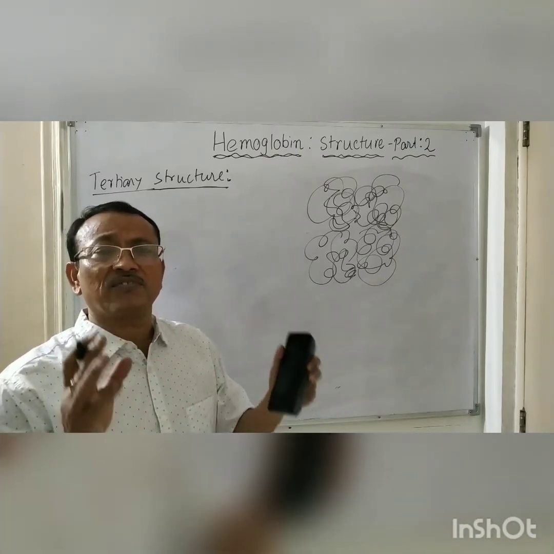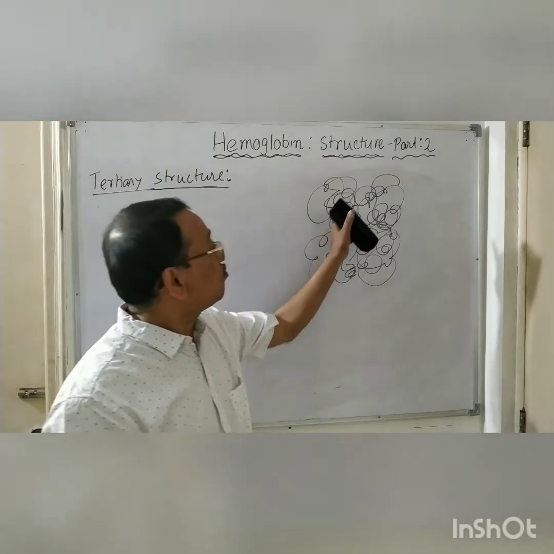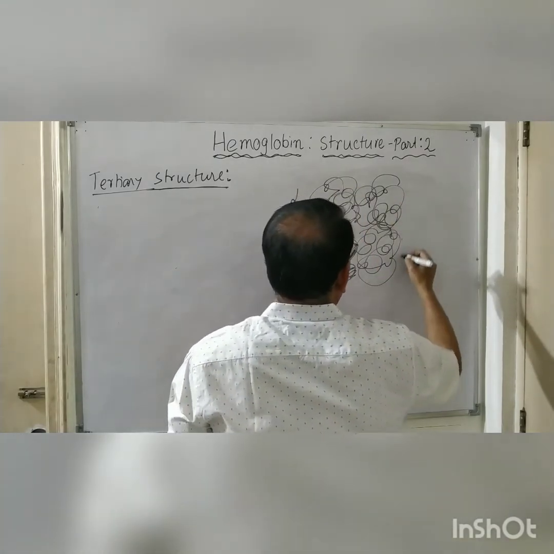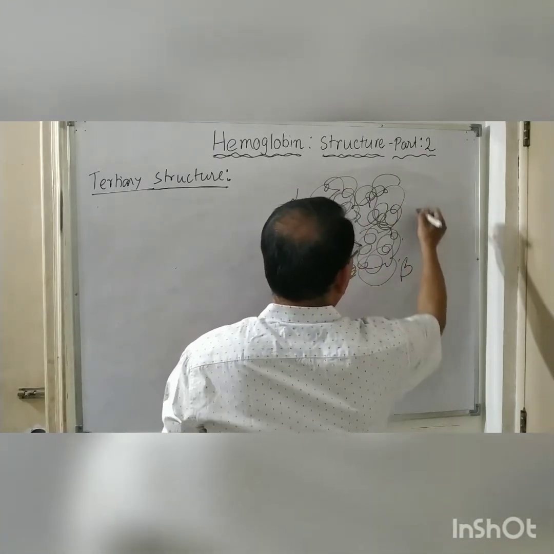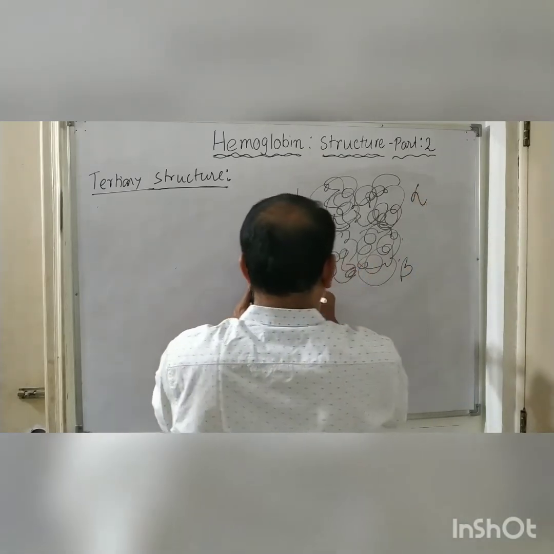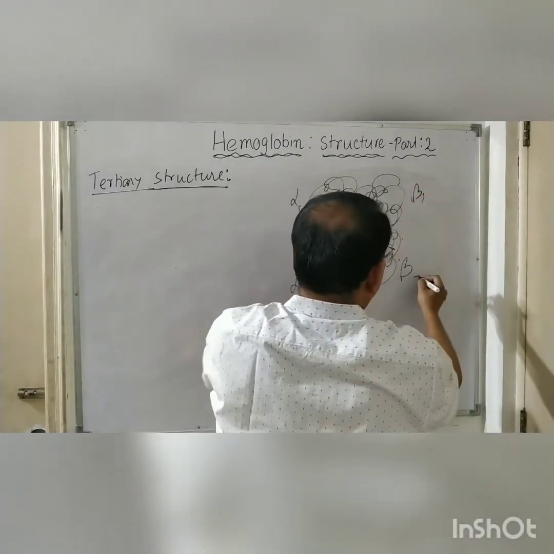So this is suppose alpha 1, this is alpha 2, this is beta 1, and this is beta 2.